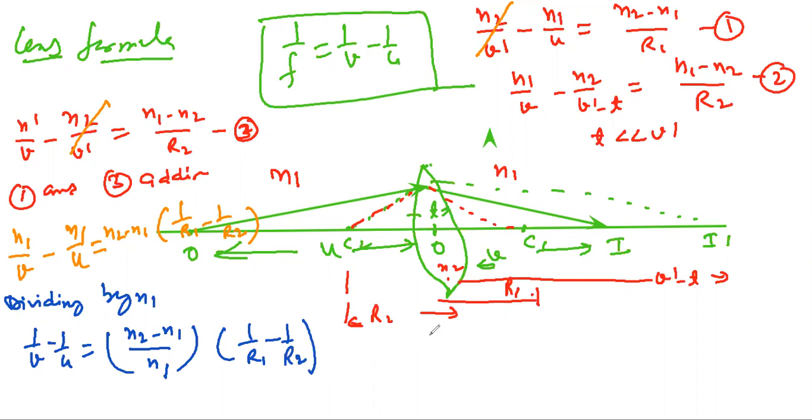This N2 divided by N1 is equal to n, the refractive index of the medium.